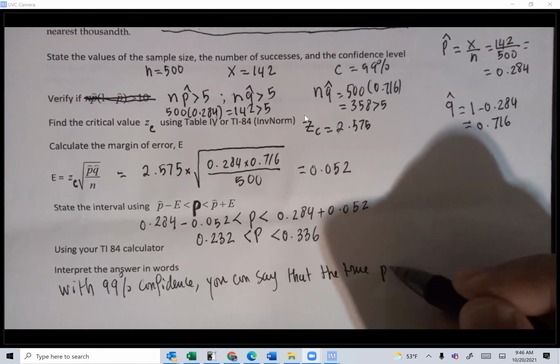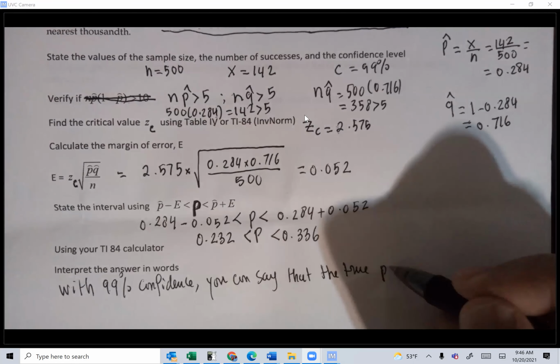of, I'll just copy and paste from the top, guys, right here. The true proportion of fatal accidents that involved uninsured vehicles is between, usually for a reader, guys, it's nice not to put decimals, change it to percent.